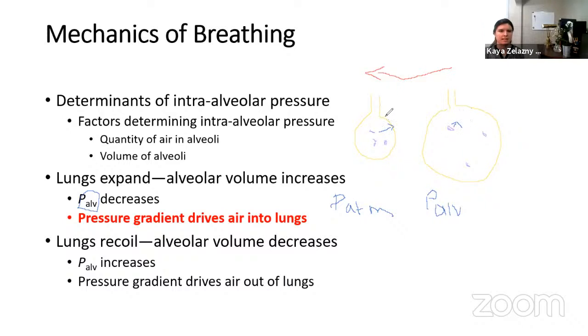It recoils, it gets smaller, which means that these 3 molecules of air in here would get compressed again, increasing the pressure again. So as the size of the alveolus decreases, the pressure increases, which then will drive air out of the lungs. So again, we can think of this greater than, less than sign, even really just as an arrow, telling us that that's going to drive air towards the atmosphere and out of the lungs.